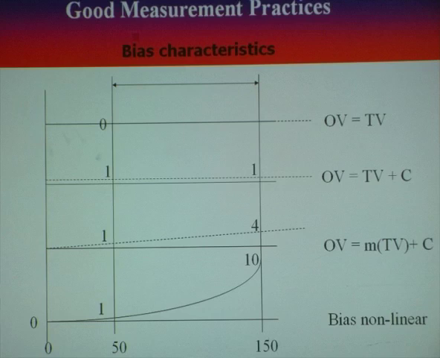But assuming it is not fixed, it is increasing. At lower values, the bias is lower. At higher values, the bias is higher. Now, is that change from the low value to the high end value, is that change in the bias uniform? In other words, is there a slope? And if there is a slope, is that line a straight line or non-linear?